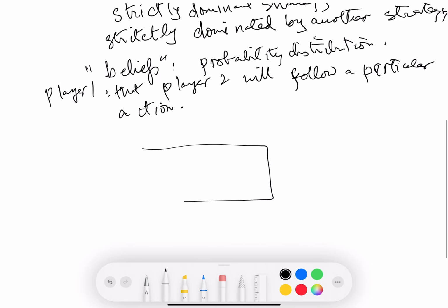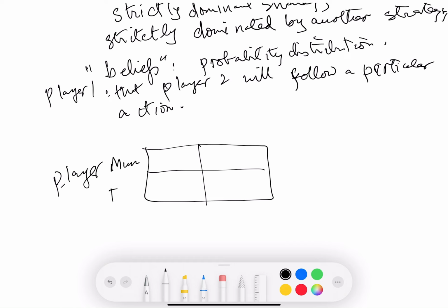I'm player 1, mum, think. You are player 2, mum, think. So there are only 2 actions. This is the entire action space. Remember, this represents the entire game, this normal form. There's no other event that's going to happen besides player 2 playing mum or think.